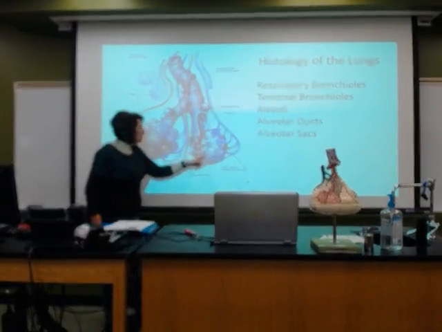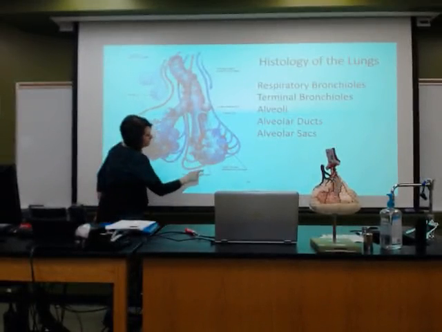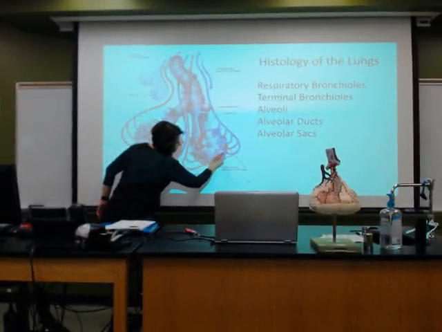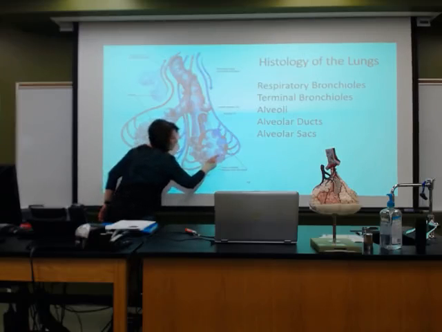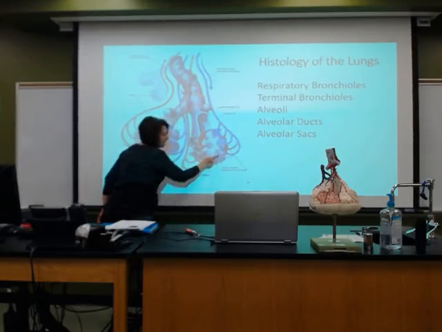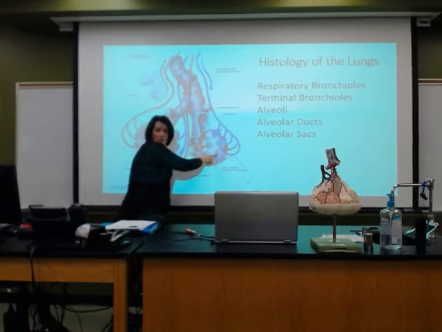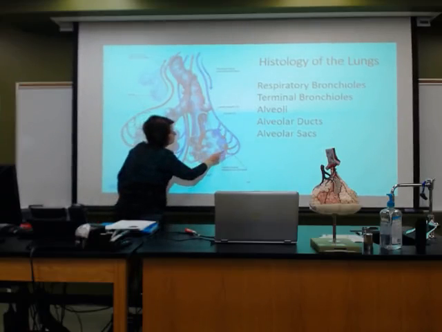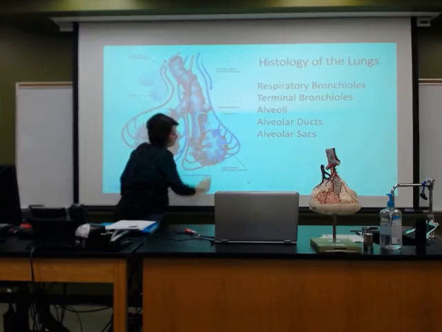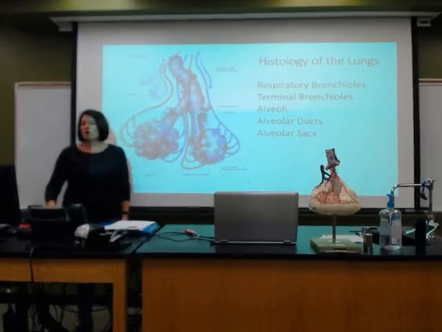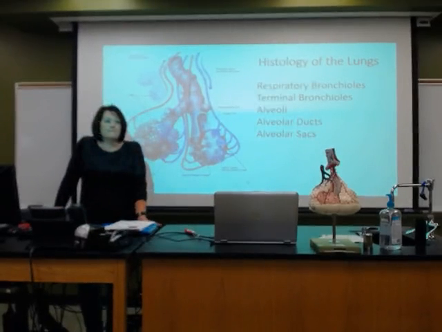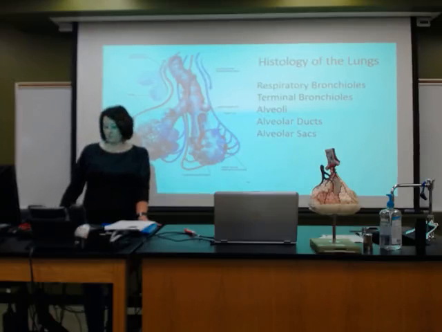Because it's at this point we have this area that can do the gas exchange. And this area for the gas exchange is the important part. But we'll pick that up on Thursday.